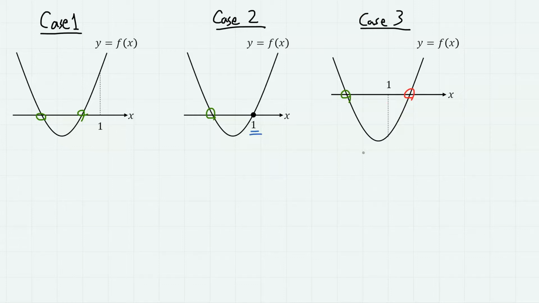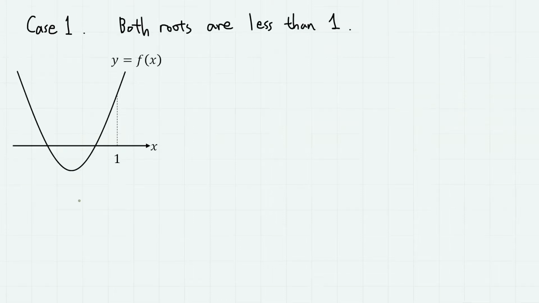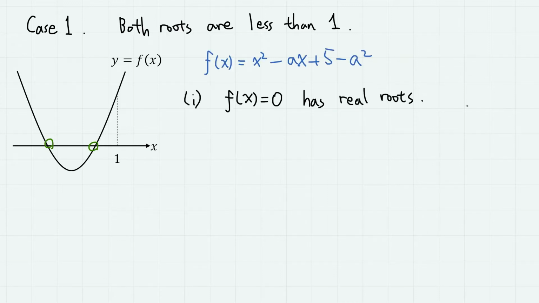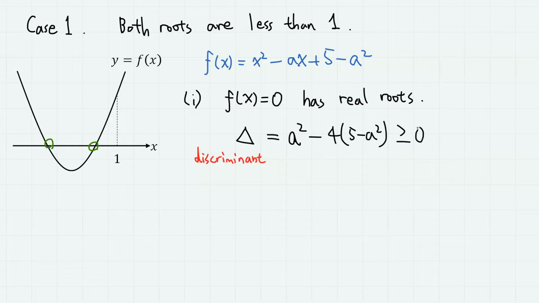Now let us investigate the individual cases. So the first case, where both roots are less than 1. In order for this to be true, three conditions must be satisfied. First, the equation must have real roots in the first place, hence the discriminant must be non-negative. So the discriminant is a squared minus 4 times (5 minus a squared), and this must be non-negative.